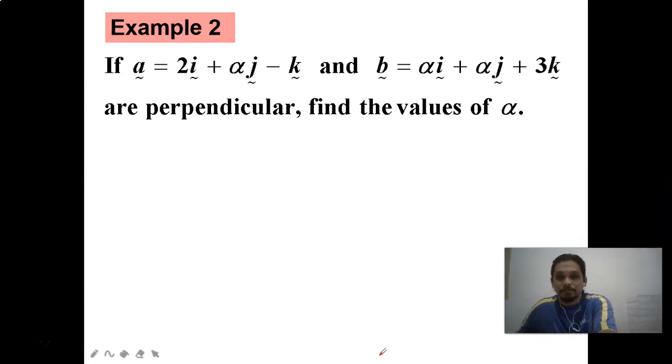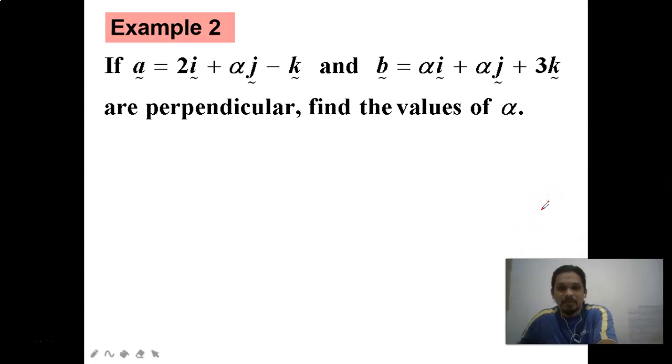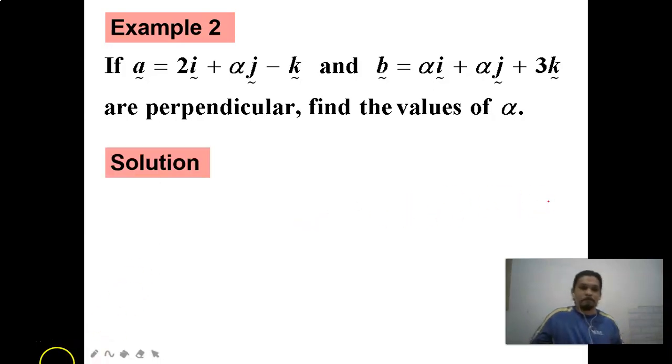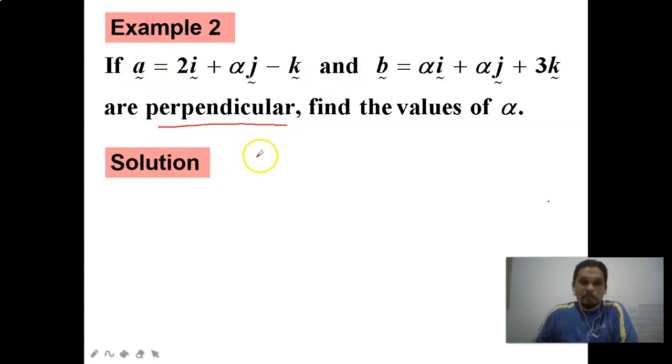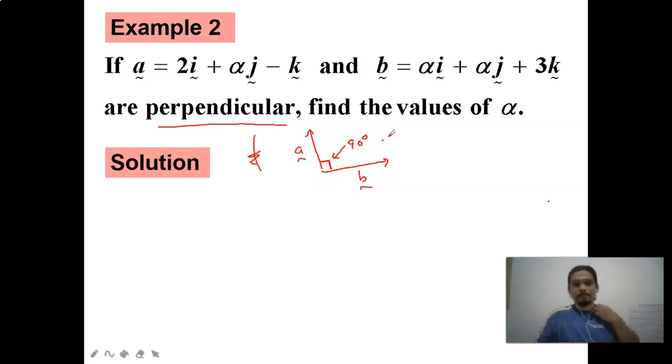Okay, now if vectors A and B are perpendicular, find the values of alpha. The keyword for this example is that vectors A and B are perpendicular, meaning that the angle between these two vectors is 90 degrees.